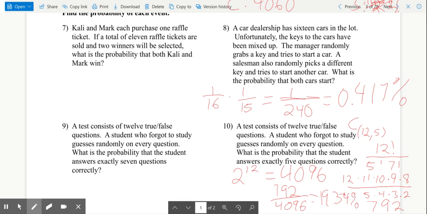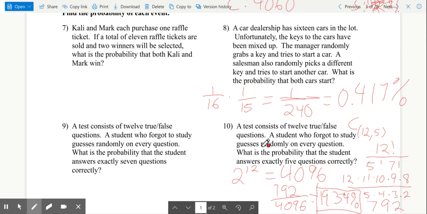Sorry that it's a little squished. But this would be our answer, 19.34% chance that he would get 5 questions answered correctly on this test.